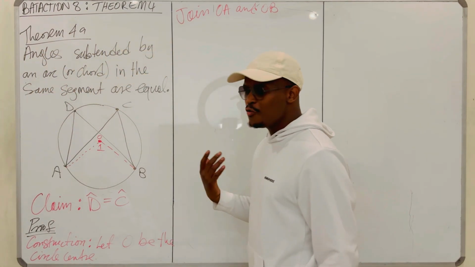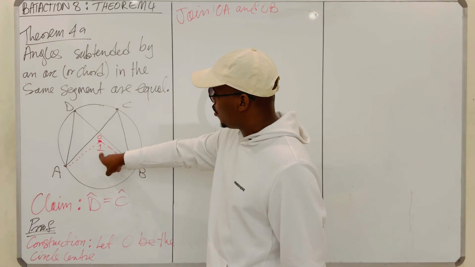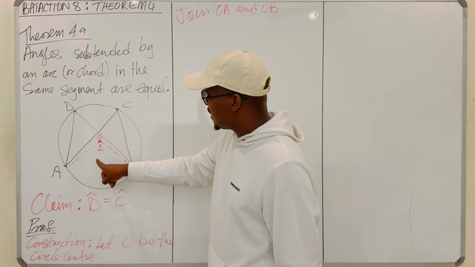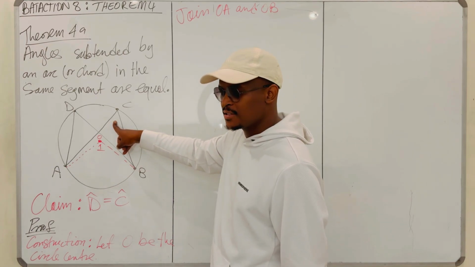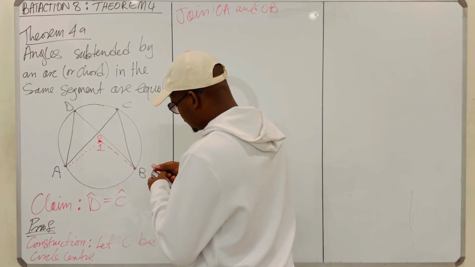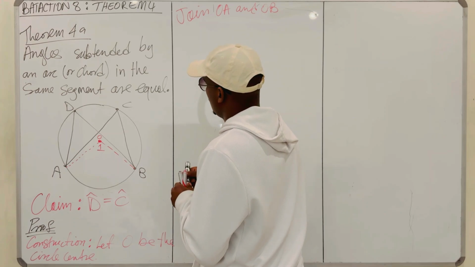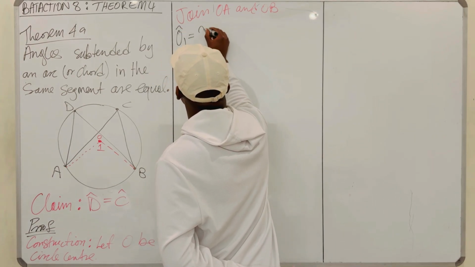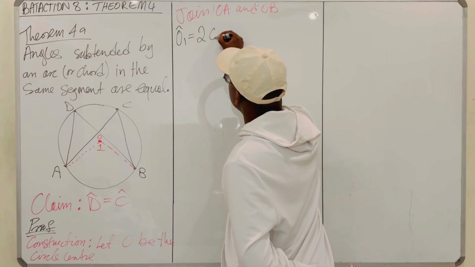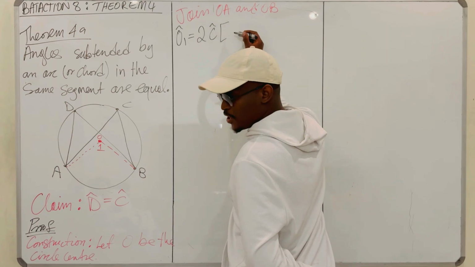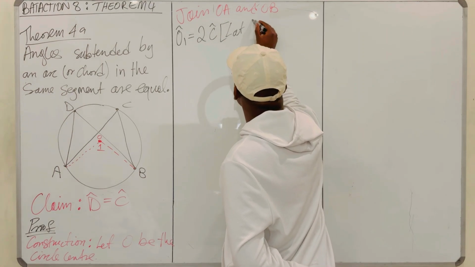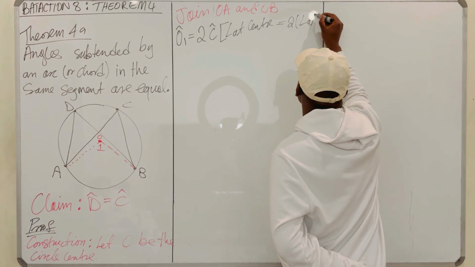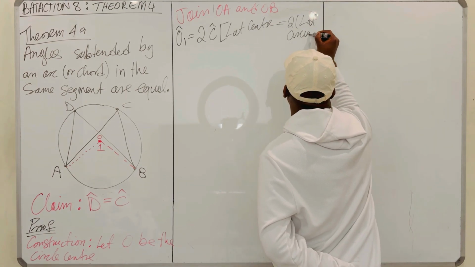So we know from the second theorem that the angle O1, the angle at the center, is twice the angle at the circumference. So by theorem 2, the angle at the center, which is O1, is equal to 2 times angle C. Why? Theorem 2: angle at center is equal to 2 times angle at circumference.